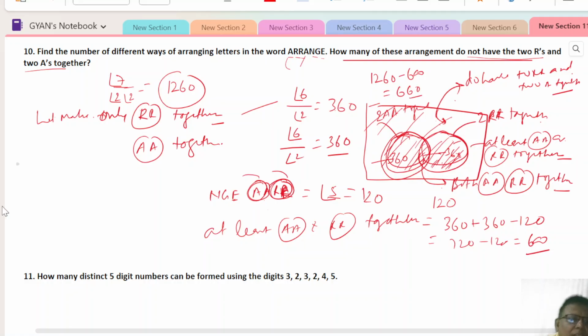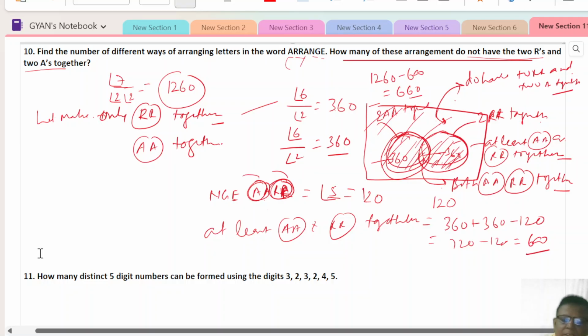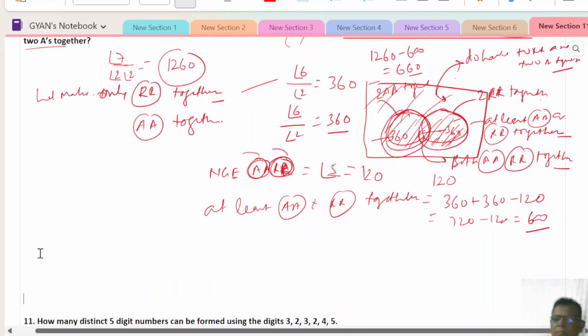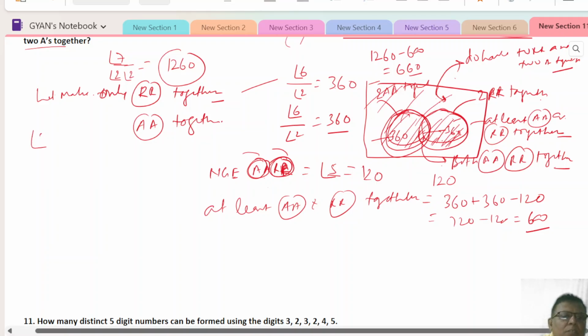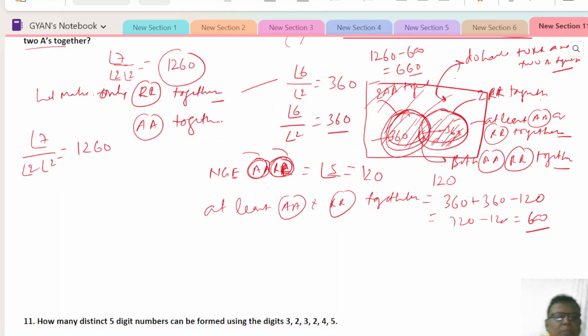So once again I'll repeat. First we'll make factorial 7 total. This many words can be made, 1260, without any restriction. With RR together, how many can we make? 360. With AA together, how many can we make? 360.